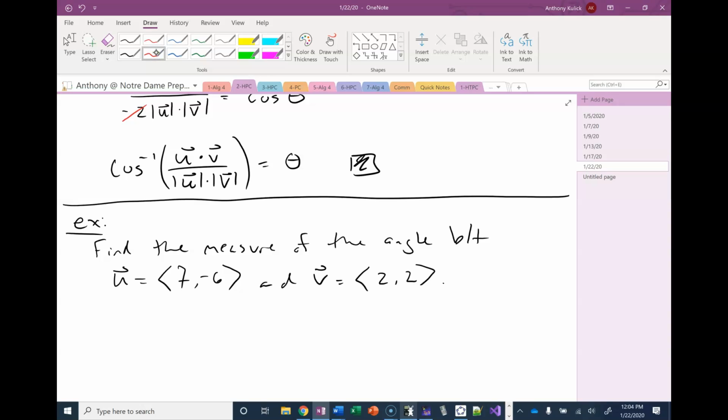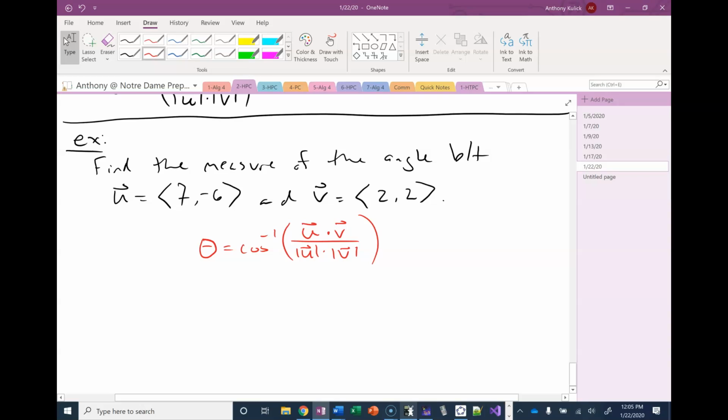Okay, so let's say we want to find the measure of the angle between these vectors u and v. If we're looking for the measure of the angle between two vectors, we're going to use this formula that we just proved a moment ago.